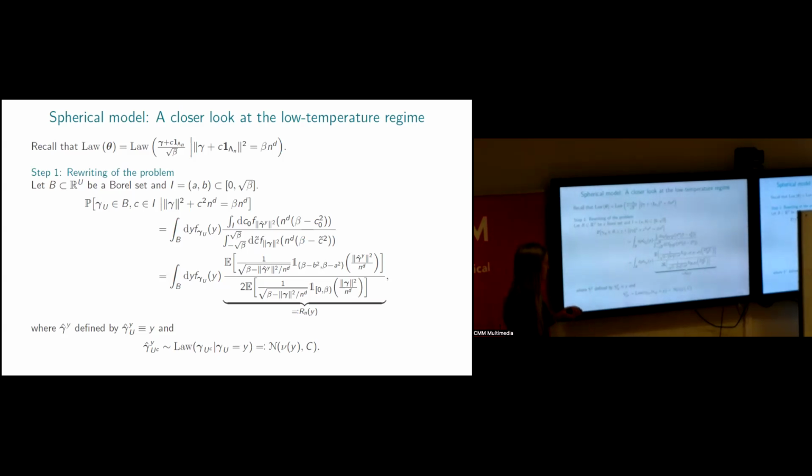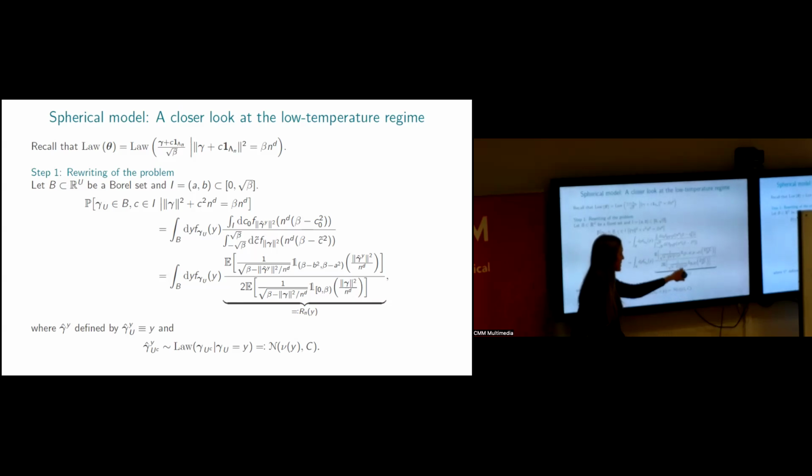Yes, so then we end up with a ratio, a ratio that we want to show converges to something. And it looks quite nice because we see the gamma squared divided by nd, and as one can expect, by some sort of law of large numbers, this would converge just to the expectation, which would be beta critical.